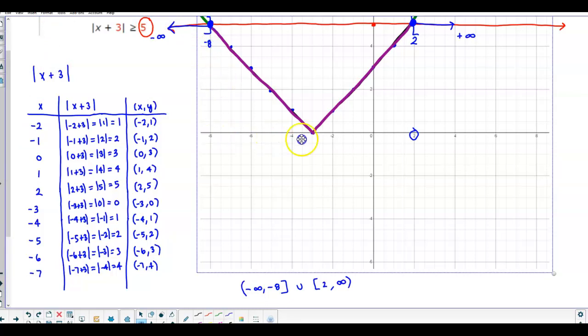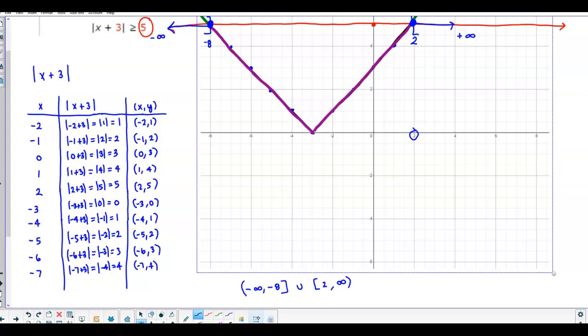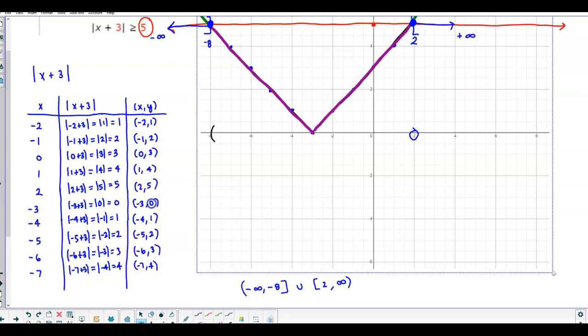And everything below 5, if they asked for that, would have been the following. It would be everything that's between negative 8 and positive 2, because that would be everything below the value of 5.